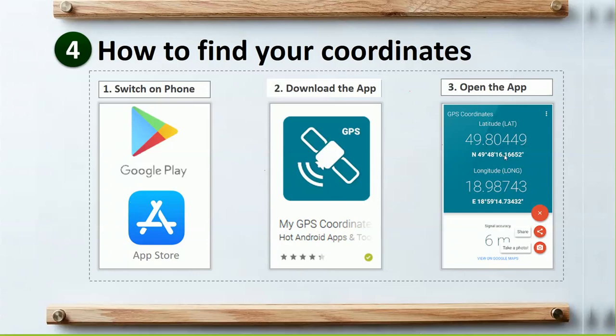So what you need now is your latitude. Just like I explained just now, your latitude can be in different formats. You can see the first one is in decimal degrees. So write that down. Preferably, we are going to use that format.